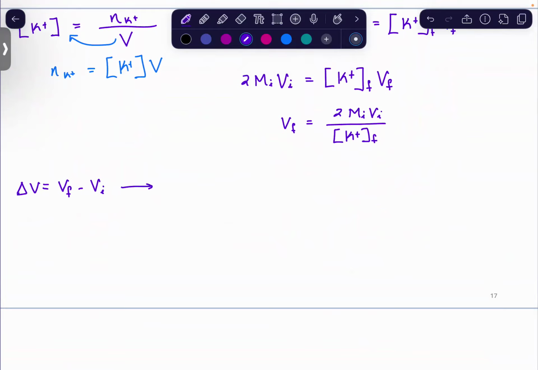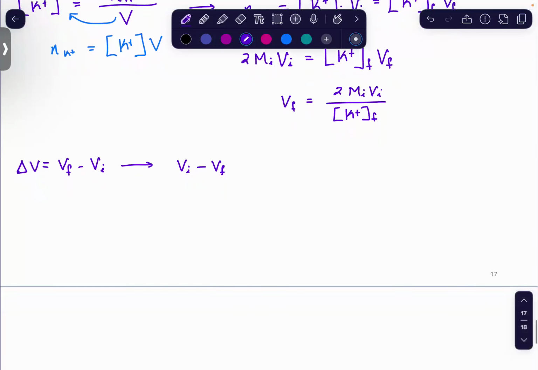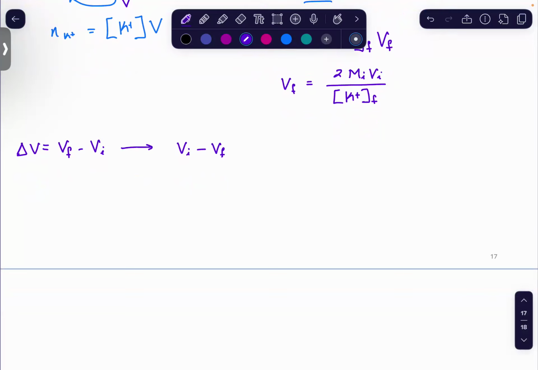So what we're going to do to make it a positive number is flip the VI minus to make it V initial minus V final. Now, if I have V initial minus V final, that also means I'm going to have V initial minus, because up here I have an equality.